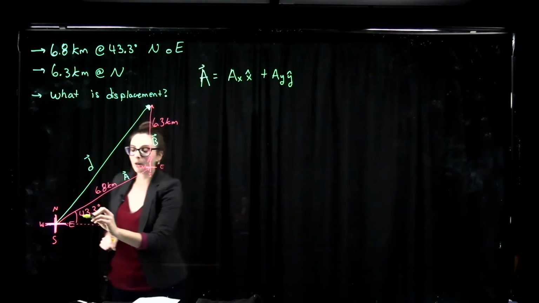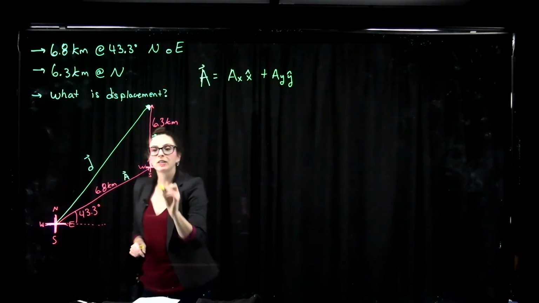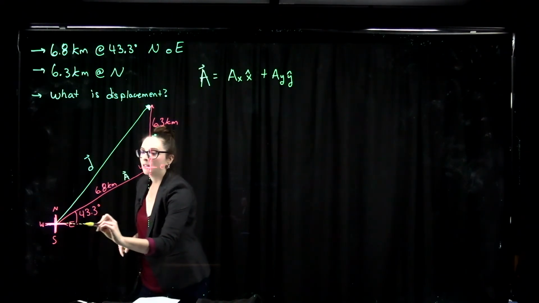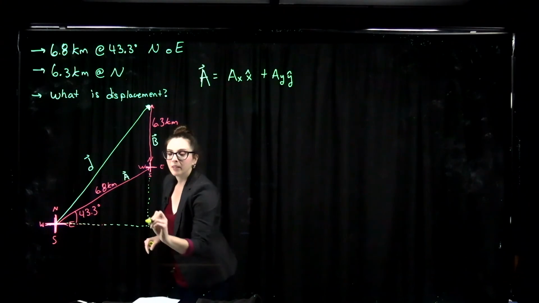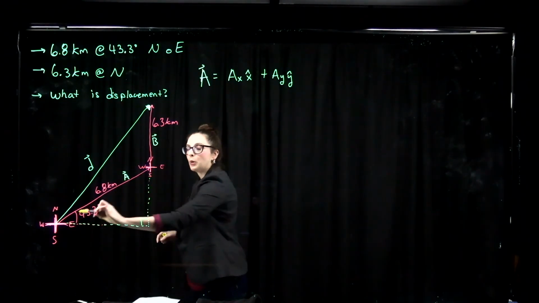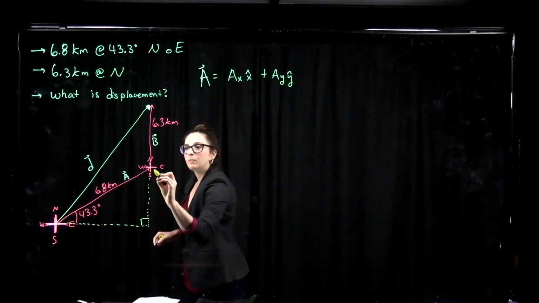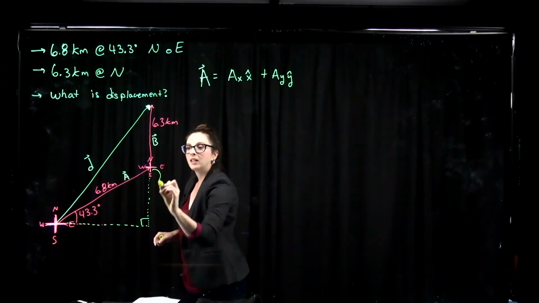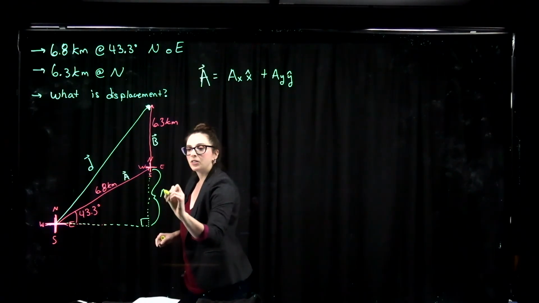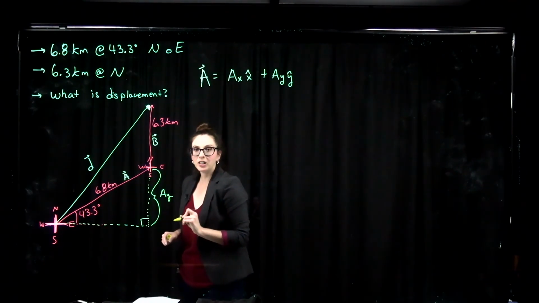If I go over here, here's my angle, here's my vector. I can make a little right angle triangle right here. Here's my right angle. The hypotenuse is my 6.8 kilometers, the magnitude of vector A. This leg of that triangle is my Y component of the A vector.